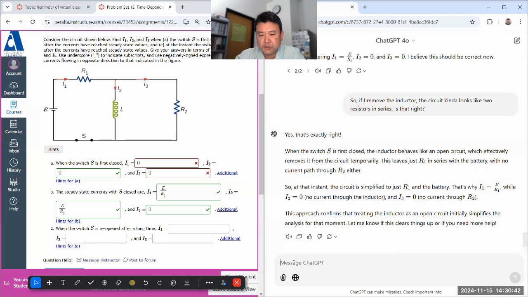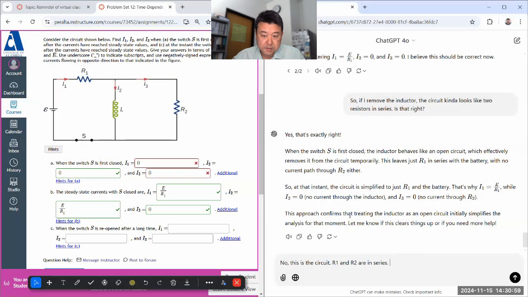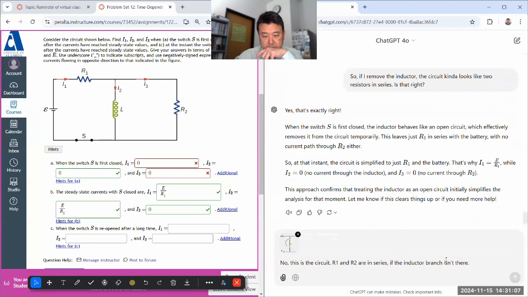So the second paragraph, the third paragraph is not right. No, this is the circuit. R1 and R2 are in series if the inductor branch isn't there.